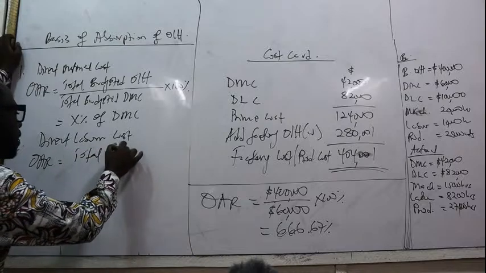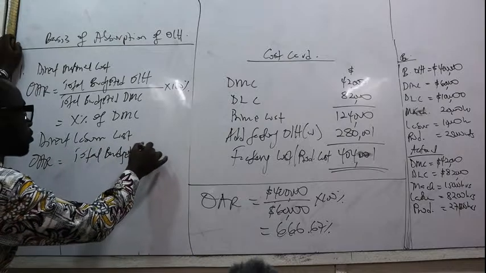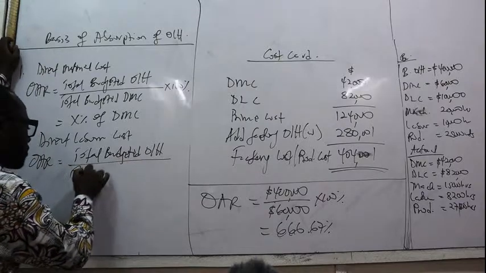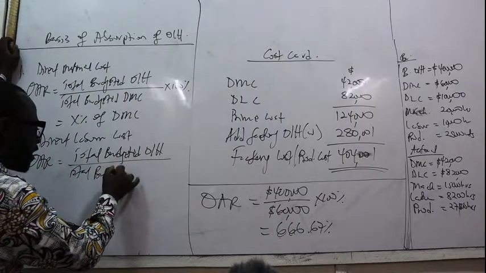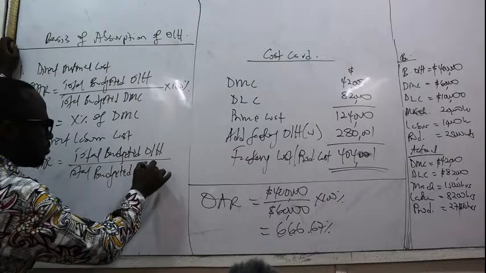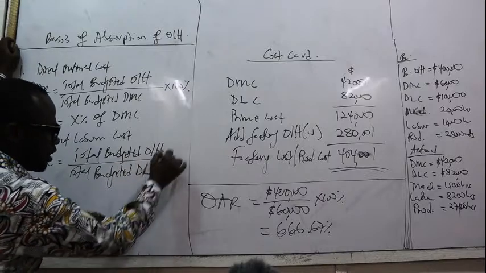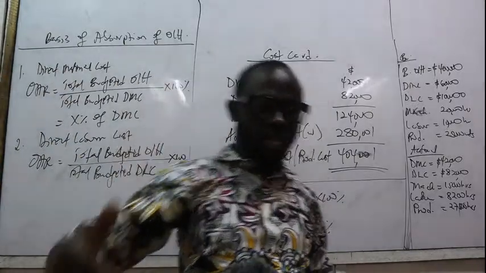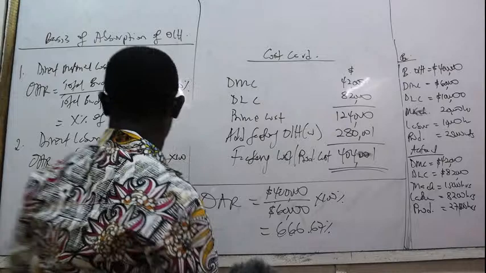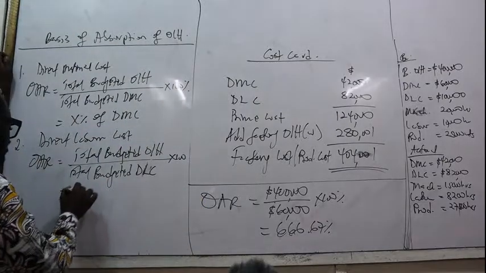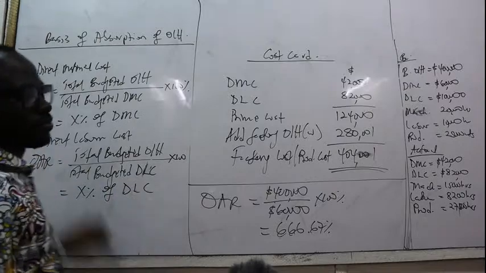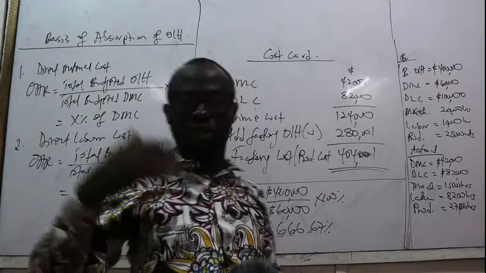So the total budgeted overheads, the same figure, is going to be divided by the total budgeted direct labor cost times 100. Because it's a cost item, it has to be expressed in percentages. So that is going to be, again, X% of direct labor cost.